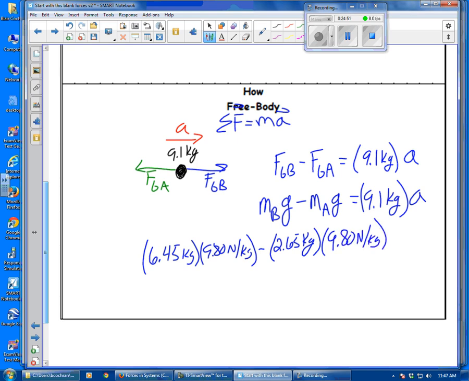If I divide all that by 9.1 kilograms, I get A. That's the mass of block A. Basically what I'm doing is the weight of block B minus the weight of block A is the inertia of the whole system times the acceleration.